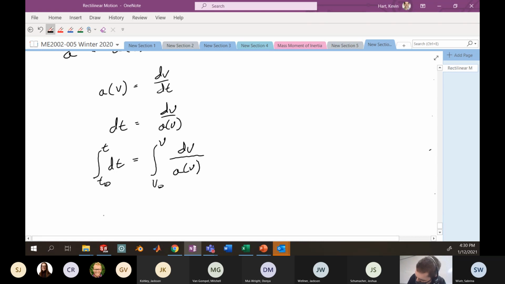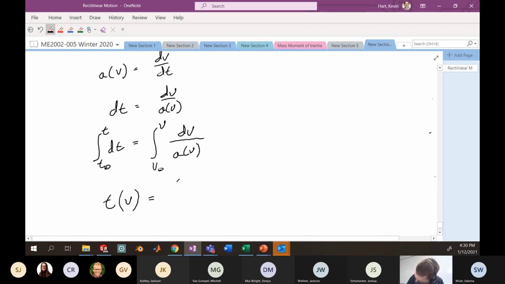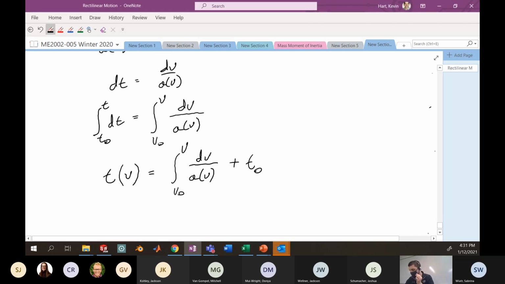Best we can do here is say something like time as a function of velocity, plus my initial time condition, t0. Okay. This isn't quite position as a function of time, but we're going to get there.